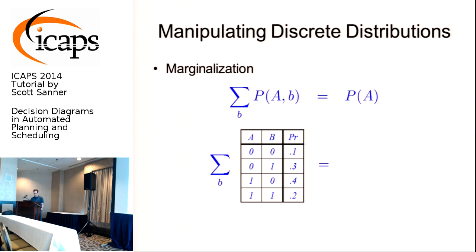Okay, so what if I wanted to sum out the variable b from this function? Say it's a probability, and I want to marginalize out b. How would I do an operation like sum out on a table?